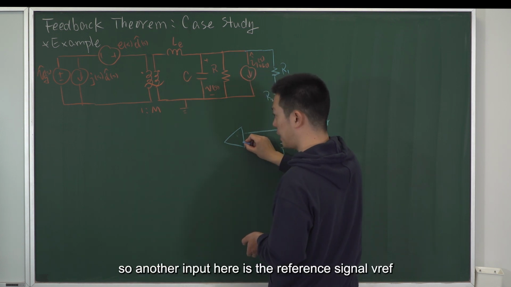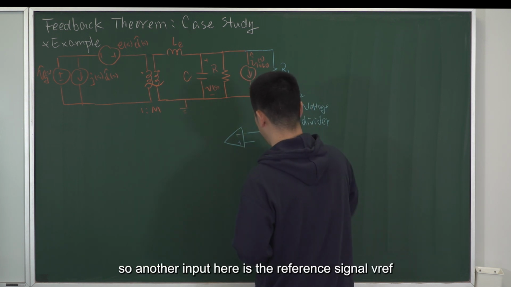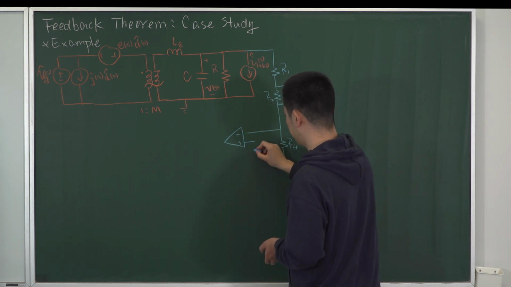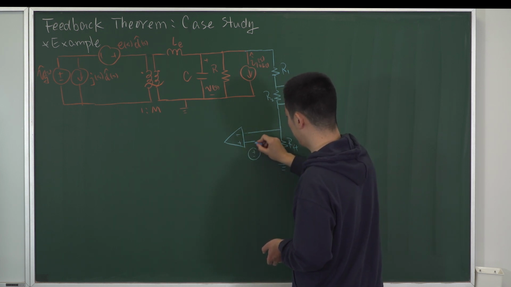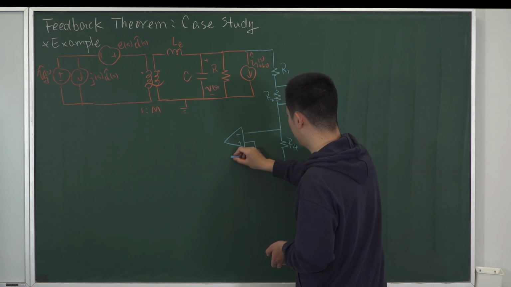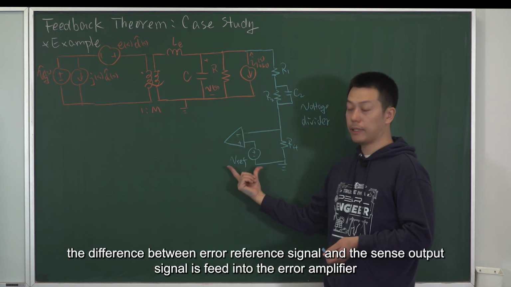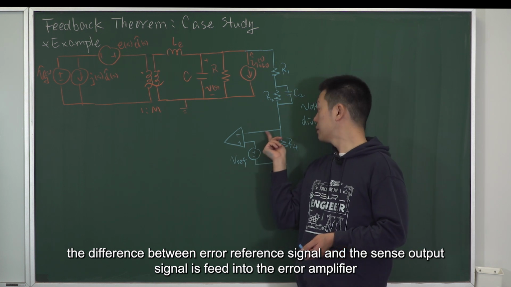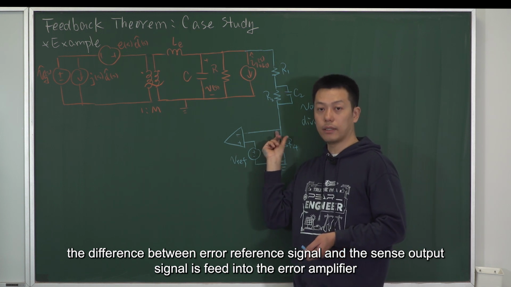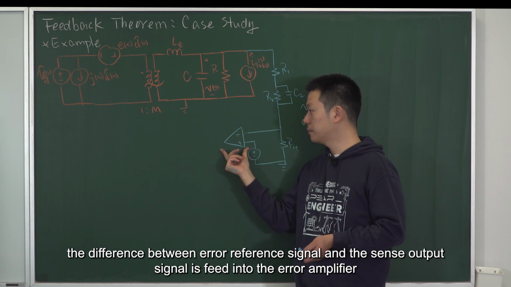Another input here is the reference signal, Vref. The difference between the reference signal and the sensed output signal is fed into the error amplifier.